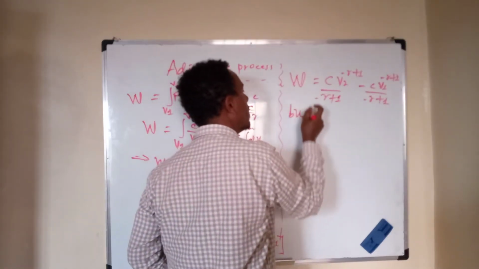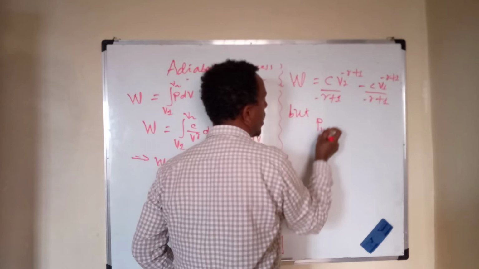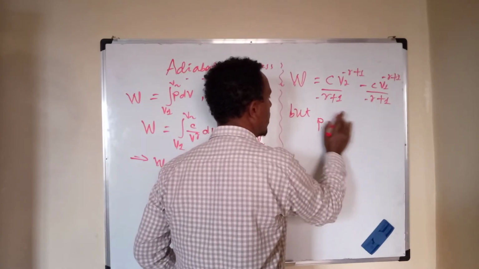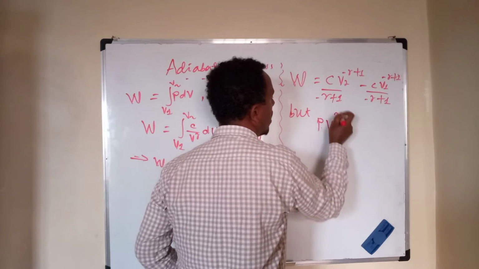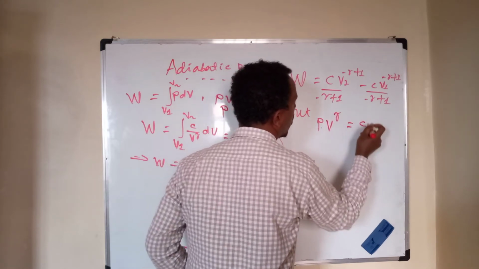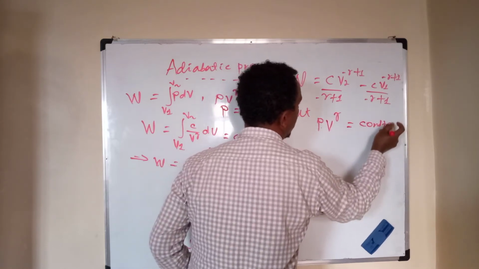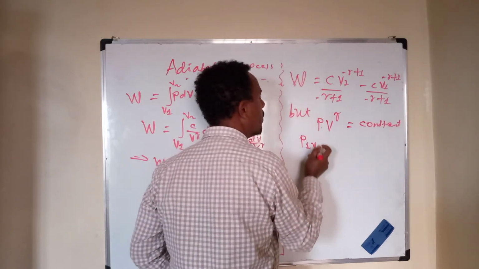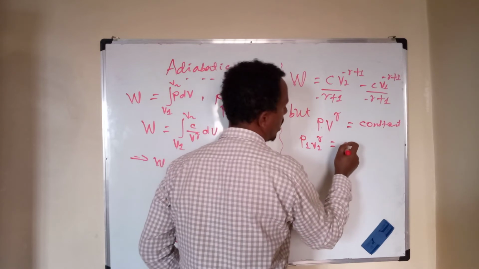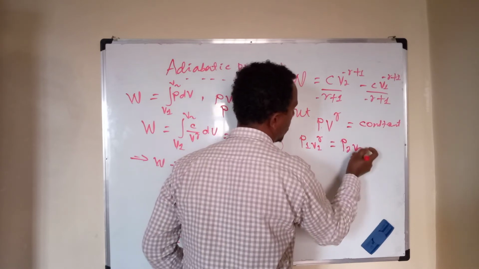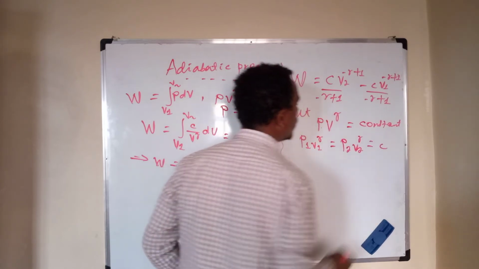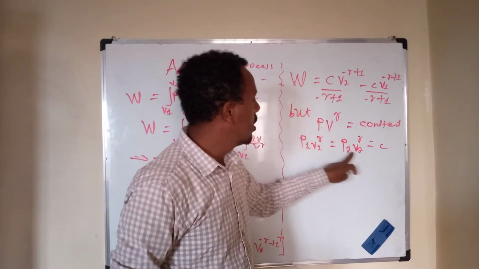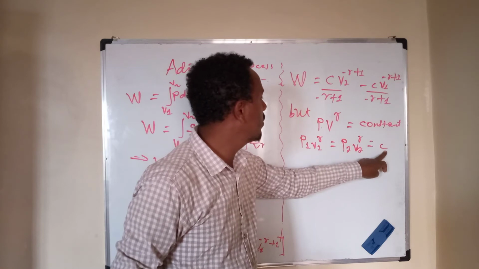But P V raised to gamma is equal to a constant C, which means P1 V1 raised to gamma is equal to P2 V2 raised to gamma is equal to C. Therefore, P1 V1 raised to gamma is equal to C, and P2 V2 raised to gamma is equal to C.